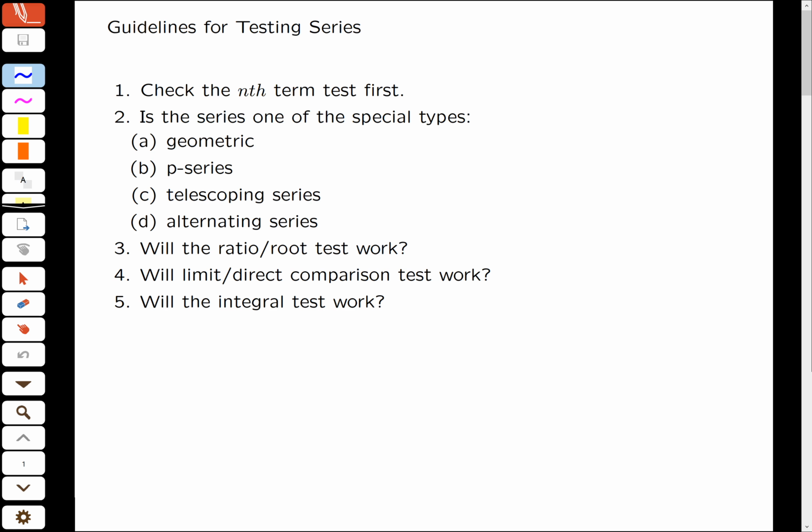And then the telescoping series, this one would be where you use partial fractions for integration. I will always give it to you on the test already as a difference of 2 fractions.